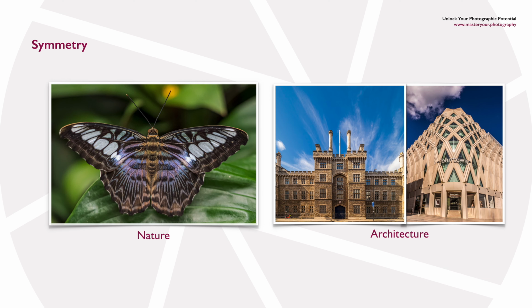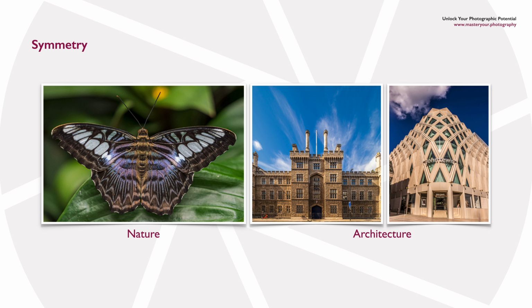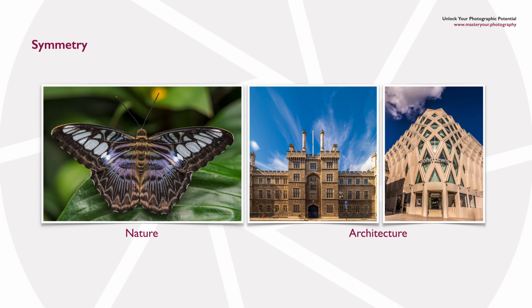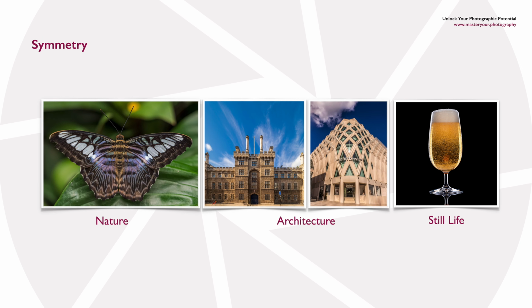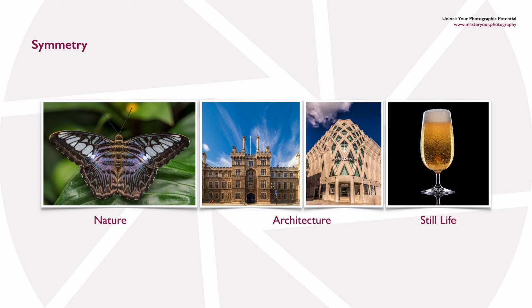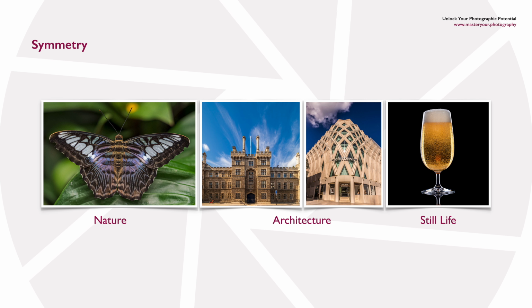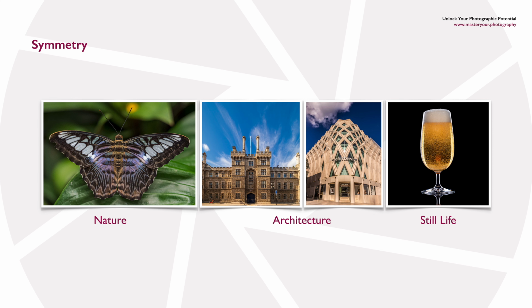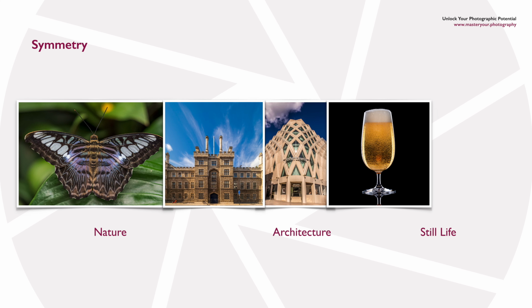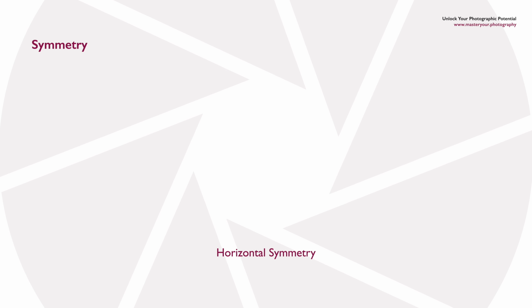Another great source for symmetrical compositions is architecture. Both old architecture and new architecture tends to be based on symmetrical designs. And of course, still life photography is an area where you can use symmetry to your advantage to create compositions that are just pleasing to the eye. They're harmonious and they can have impact as well.